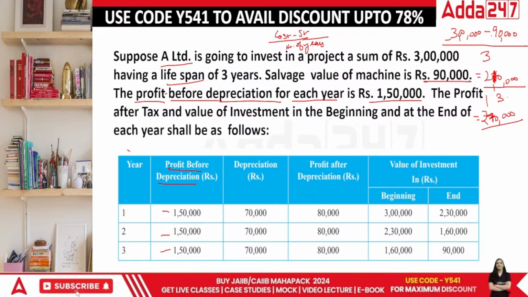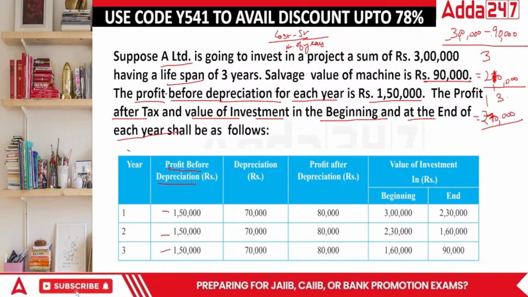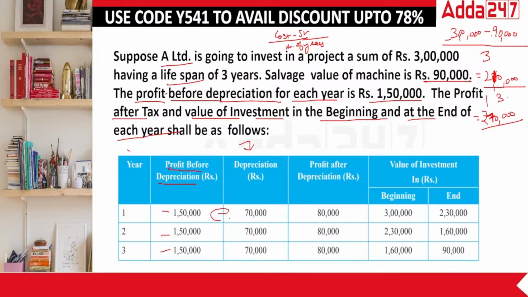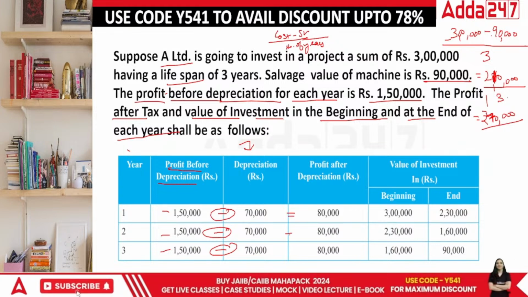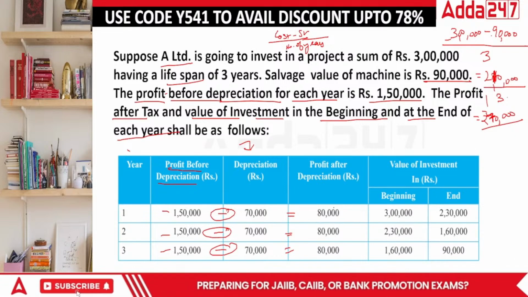The profit after tax and value of investment in the beginning and at the end of each year is going to be this. Depreciation charged, profit before depreciation was 1,50,000. From this 1,50,000, remove your depreciation. What you're left with is profit after depreciation. Once you have got the profit after depreciation, then they say what is the value of the investment.